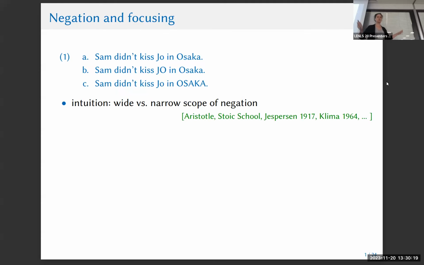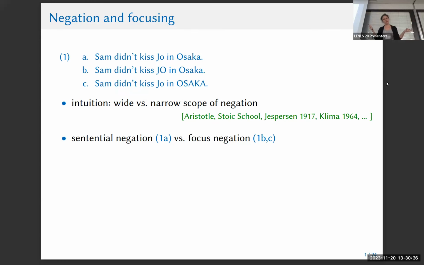We all share the intuition, and already long ago, people talked about it, so it's not new, but these examples are always somehow captured in terms of wide and narrow scope of the negation. The terms used are sentential negation for 1A and focus negation, distinguished from it.